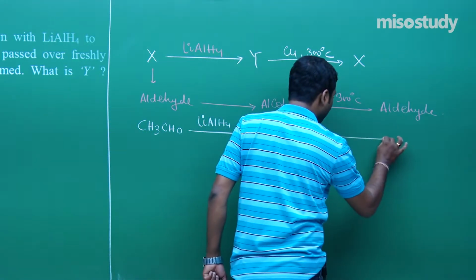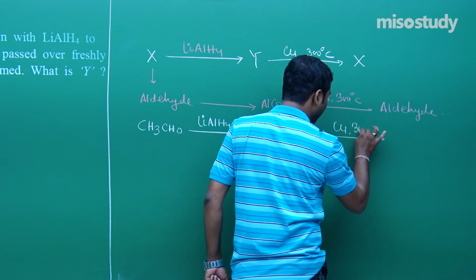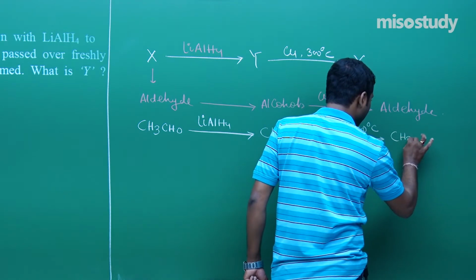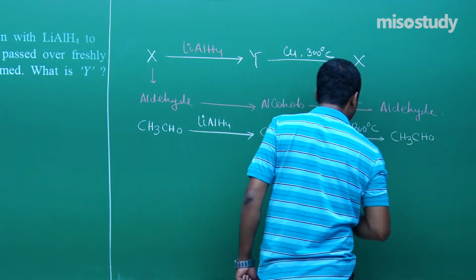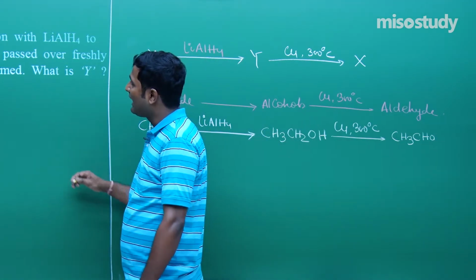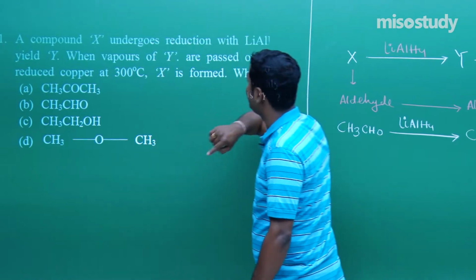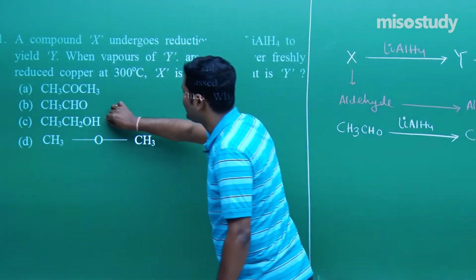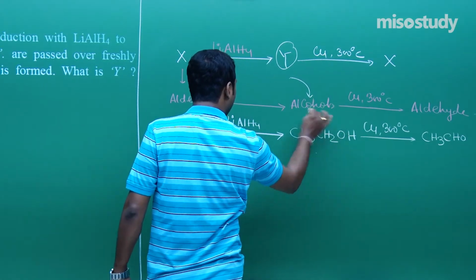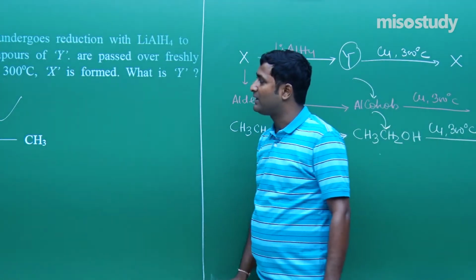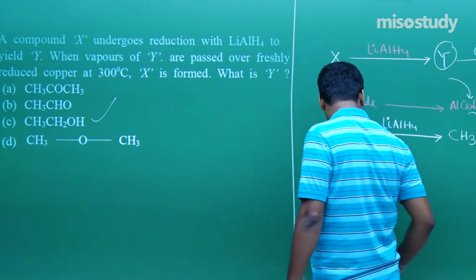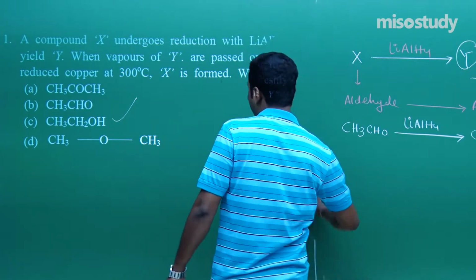Again, on treatment with copper at 300 degrees Celsius, it gives CH3CHO. So in this case X is CH3CHO, and Y is CH3CH2OH. So for this question, we can say C is the correct option. Clear? Now I'm going to rub this part and move to the next segment.